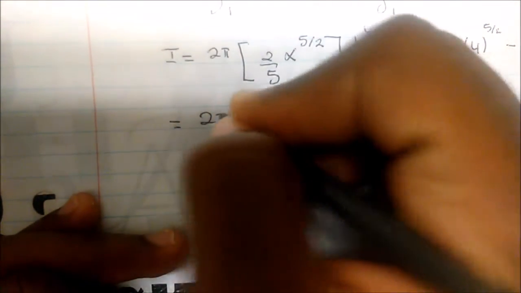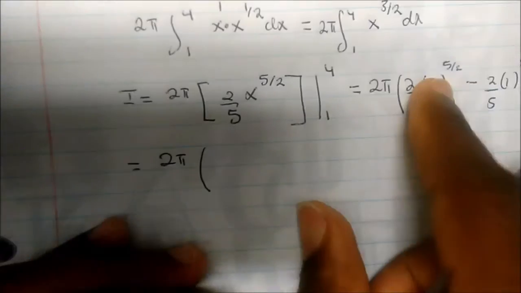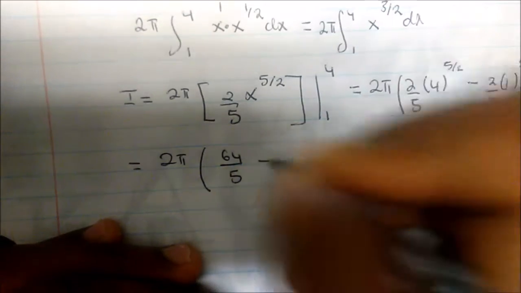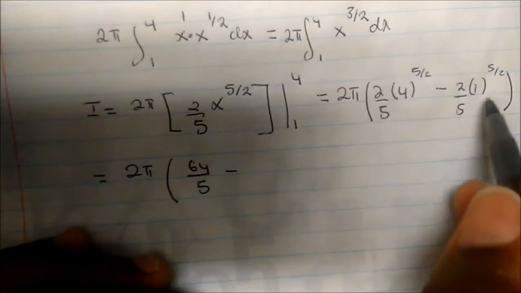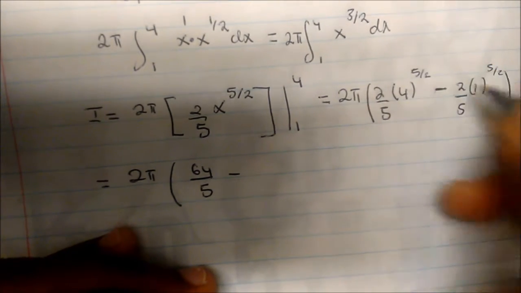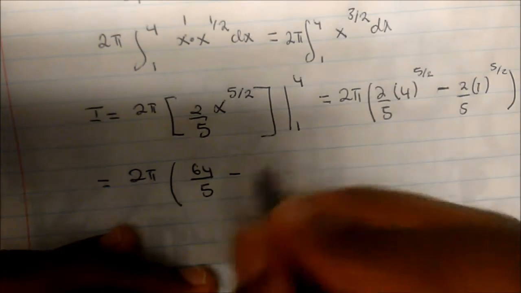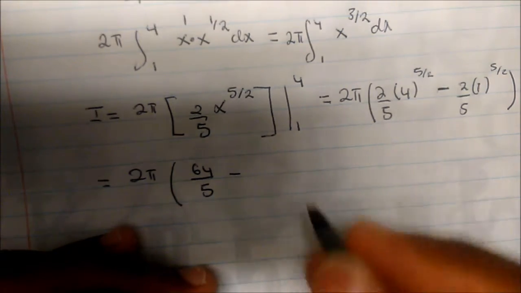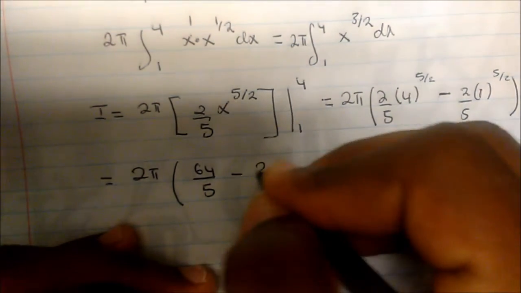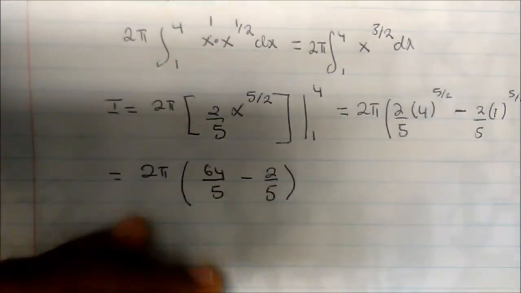So if I look at this, when I simplify, this now becomes 2 pi times, well, this will simplify to 64/5, and 1 to any power is just 1. 1 to the 5/2 power is just 1. So this becomes 2 to the 5th times 1, which becomes 2 to the 5th. Okay.